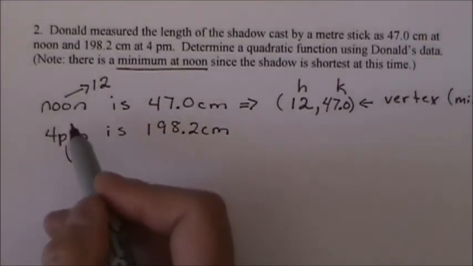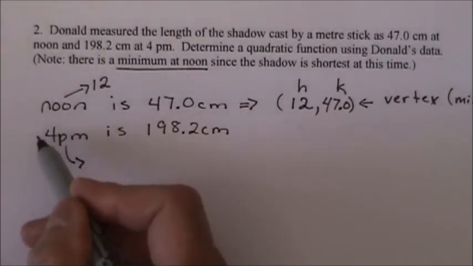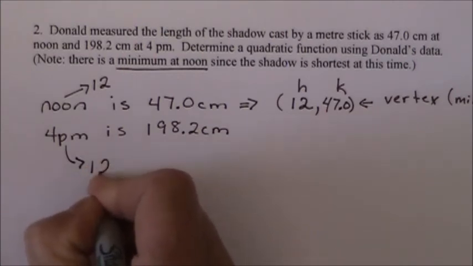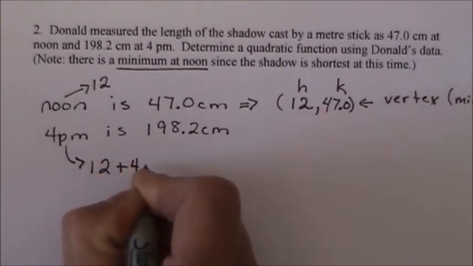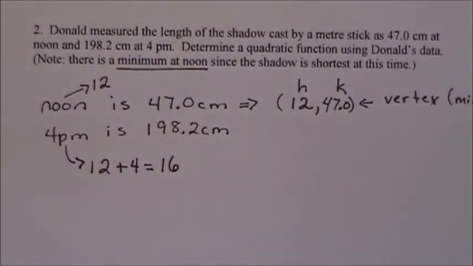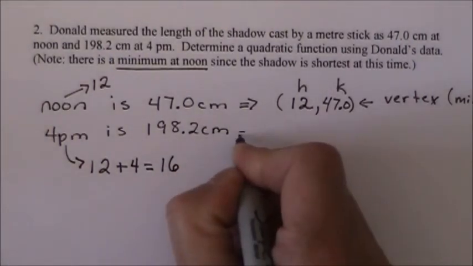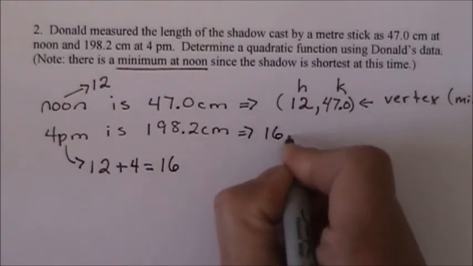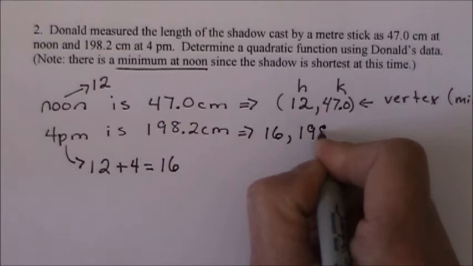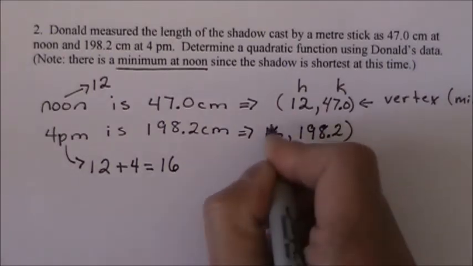So if I'm trying to convert 4 p.m. to the 24-hour clock, I'm going to take my 12 and add 4 hours to it, and that gets me a value of 16. So my time for this point would be 16, and my y would be 198.2.